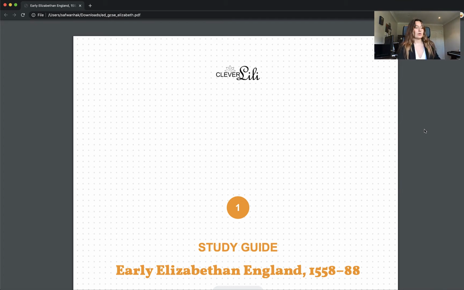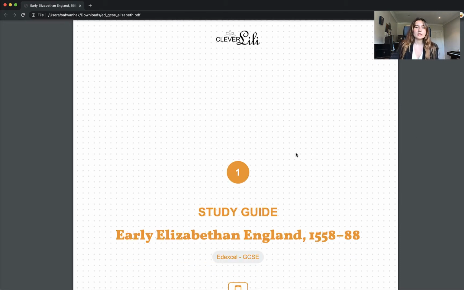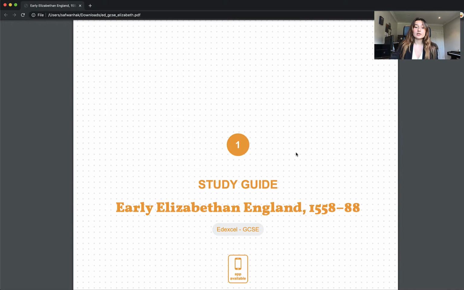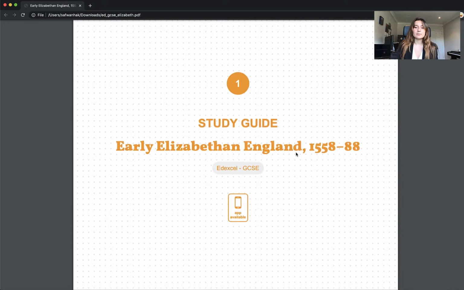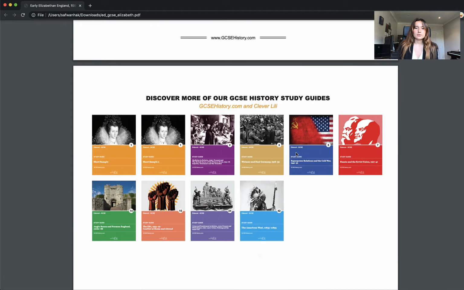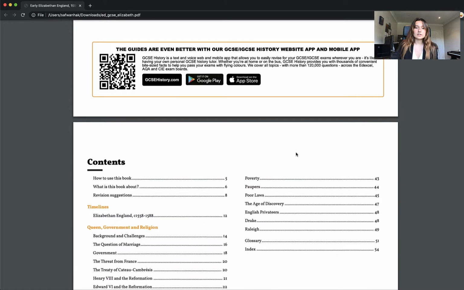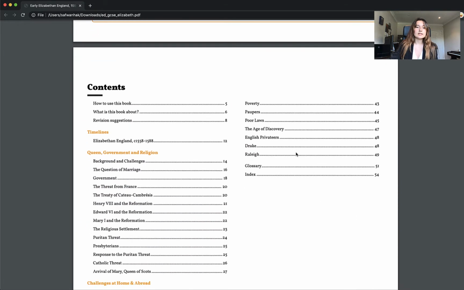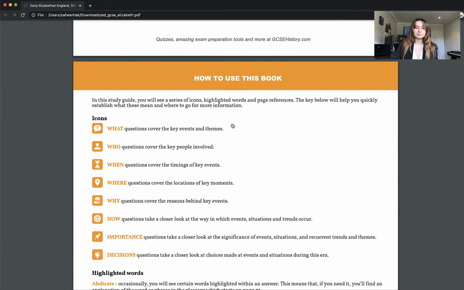So if I just go ahead and show you what these books would look like, they all follow the same sort of order. So here we have early Elizabethan England from 1558 to 88. So if we just go through a few pages in, you'll find the table of contents where you have all the topics and what page you can find them on.